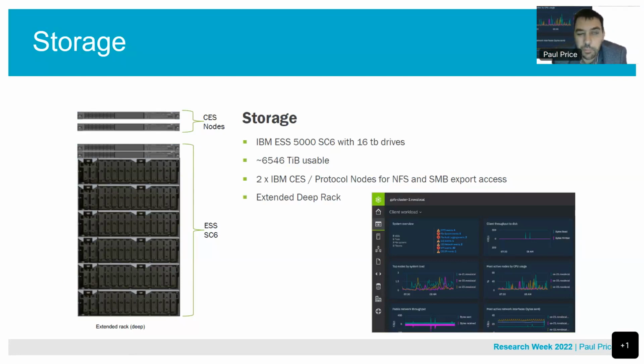It's about 6 petabytes of storage. To give an idea of how big that is, it'd be 6,000 terabytes, or like your classic laptop may have a 500 gigabyte hard drive. This would be about 12,000 of those hard drives, the equivalent of the amount of storage we have.